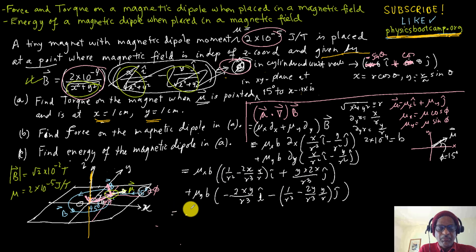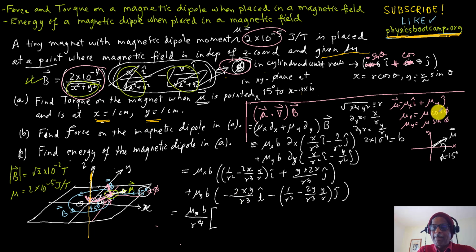So you can see mu x b over all of this. You can see I can do r square, or r to the power 4, mu b over r to the power 4. Mu x is mu cosine phi. So this is cosine phi multiplying these guys.